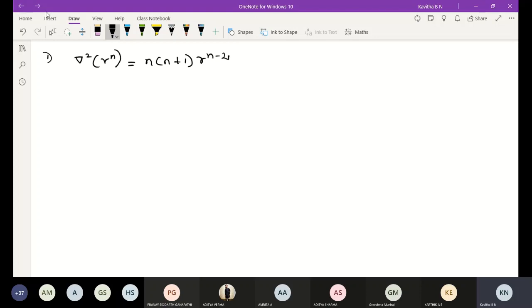Here we have to show that nabla square r to the power of n is equal to n into n plus 1 r to the power of n minus 2.